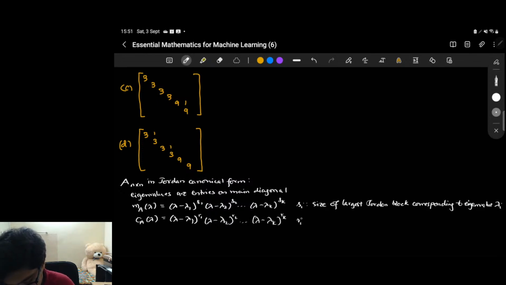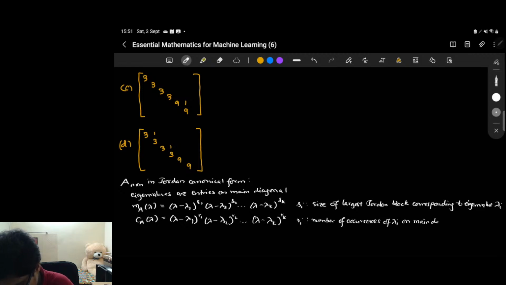Where each of these Ri is the number of occurrences of lambda i on the main diagonal.